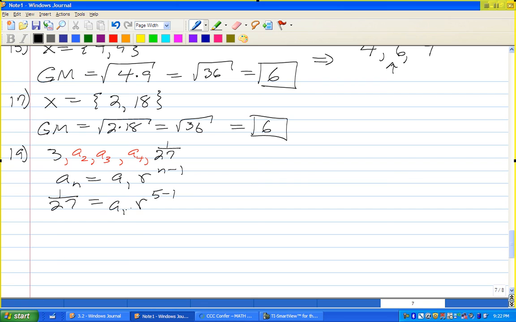So that says that a1 r to the 4, of course a1 is 3 because the first term is 3.